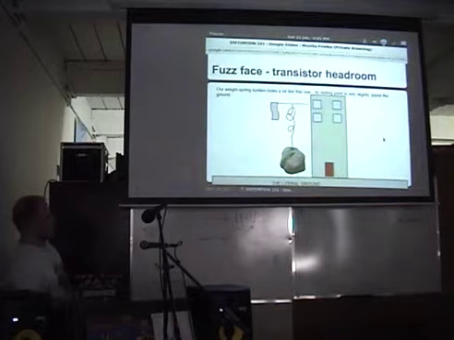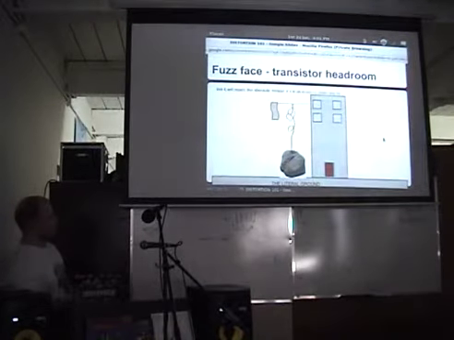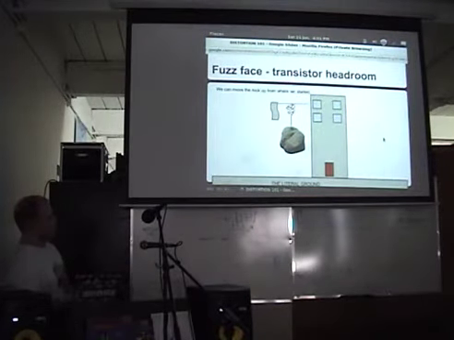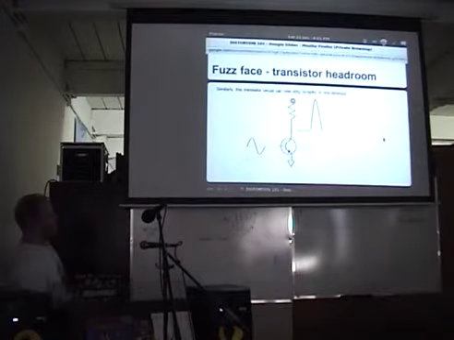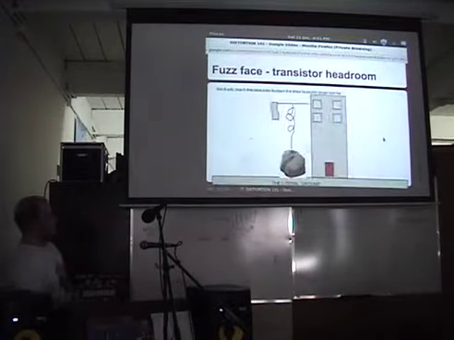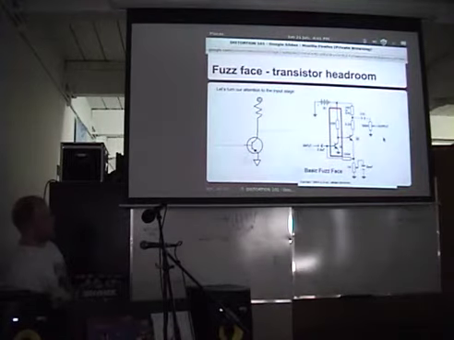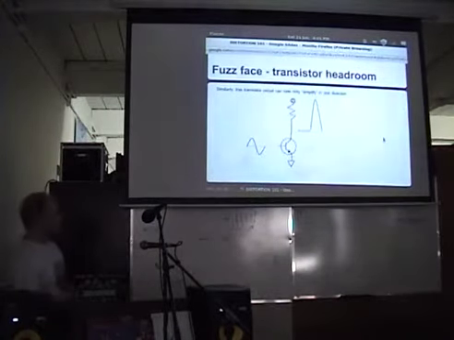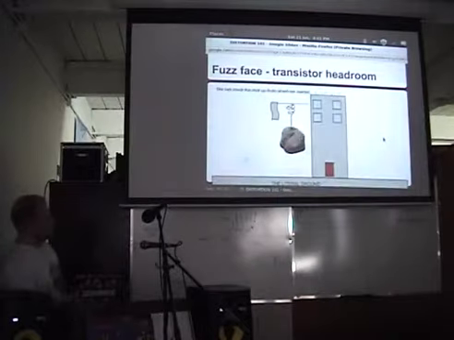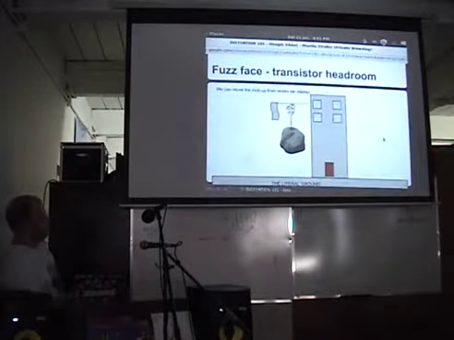But on the input stage, we only got the one spring, so it can bottom out quite easily. It doesn't have a nice cushioning factor there. And because of its lack of bias circuit, it's got this feedback bias here. The rock, as it were, is hanging pretty low to the ground.